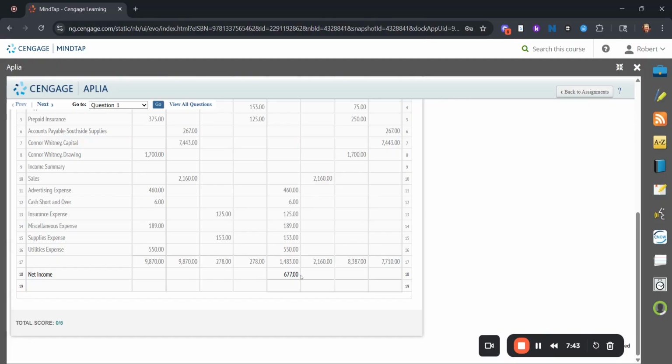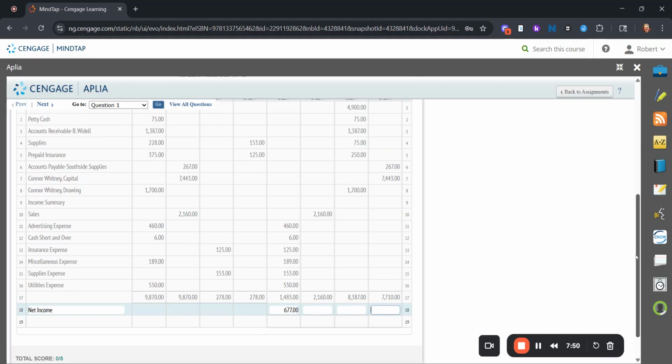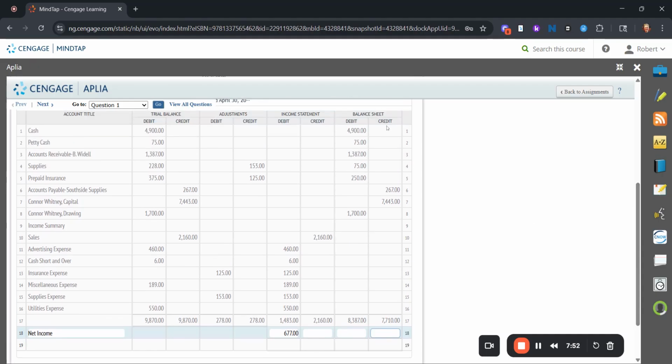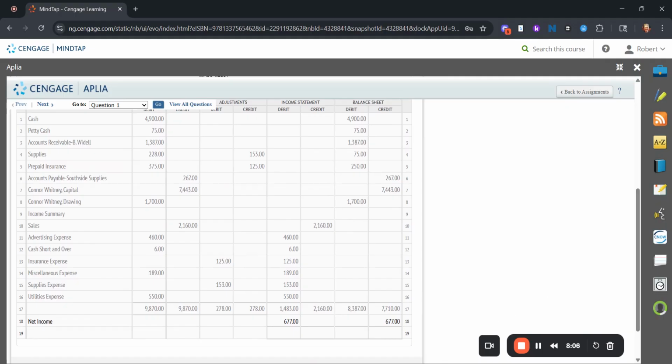So now what we're going to do next with that net income, we're going to fill this last column in, this balance sheet credit column. We're going to fill that in with the same amount, 677. So now we're going to finish with our column totals.